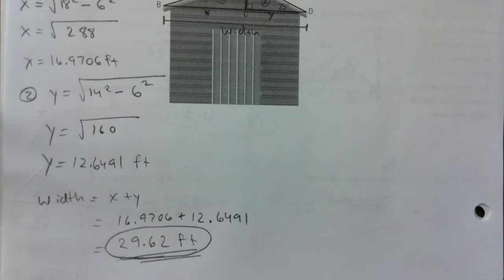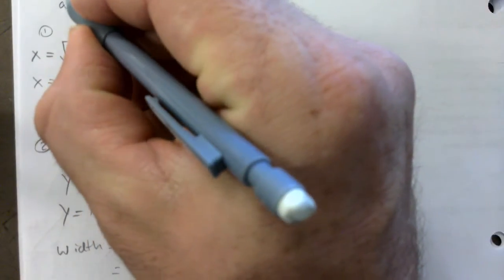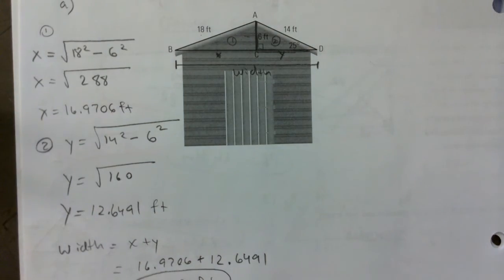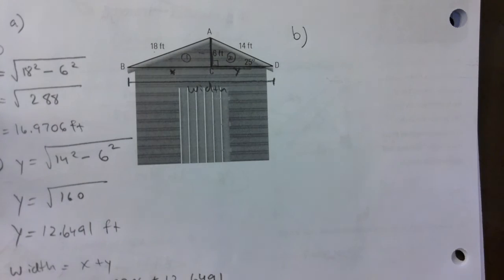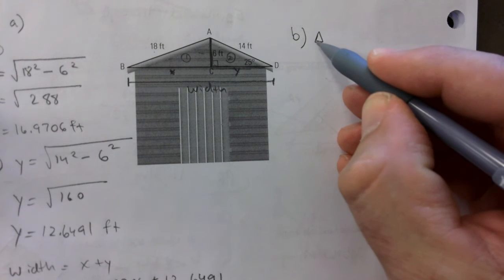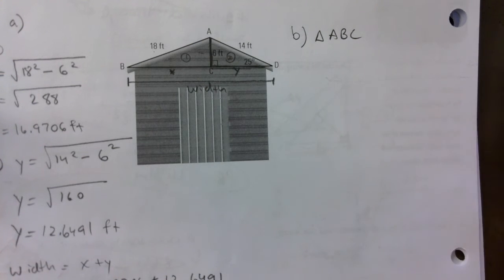And now we're going to classify, now the fun stuff. So there'll be some solving and some classifying in this particular case. So let's put an A up here. This answer is A. And then we'll answer B over here. Watch what it says. We're going to classify triangle ABC first.